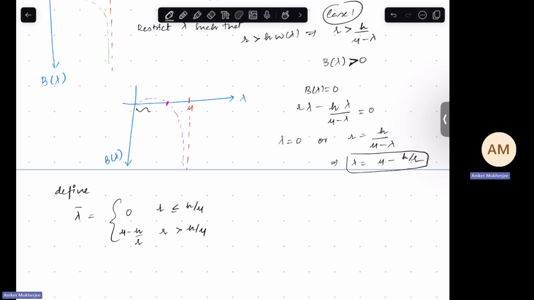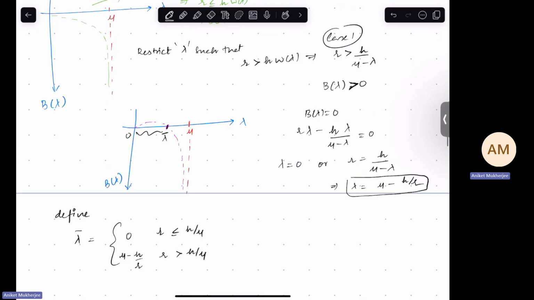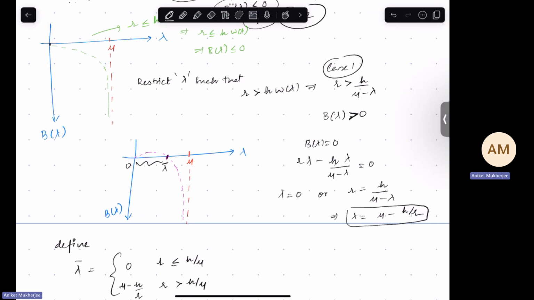Because in this region, lambda is positive, so beta lambda is positive, right? In this region I'm calling this lambda bar. I'm defining this lambda bar as either 0 or this term.